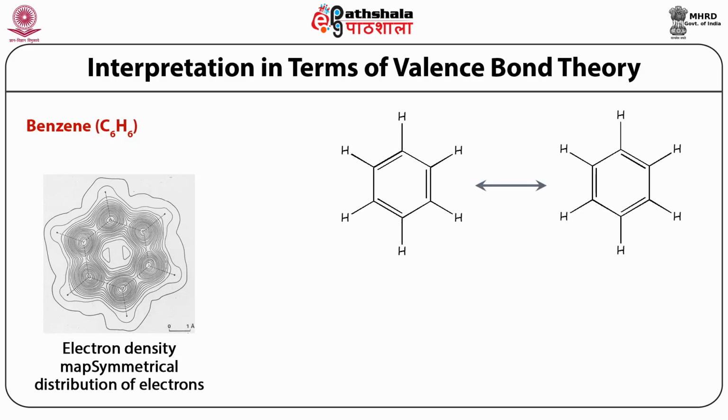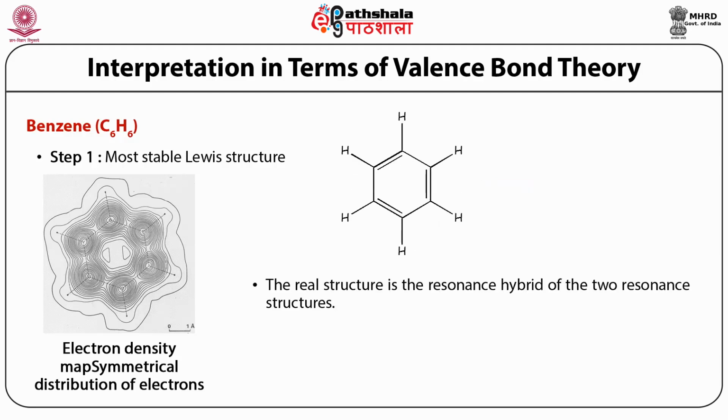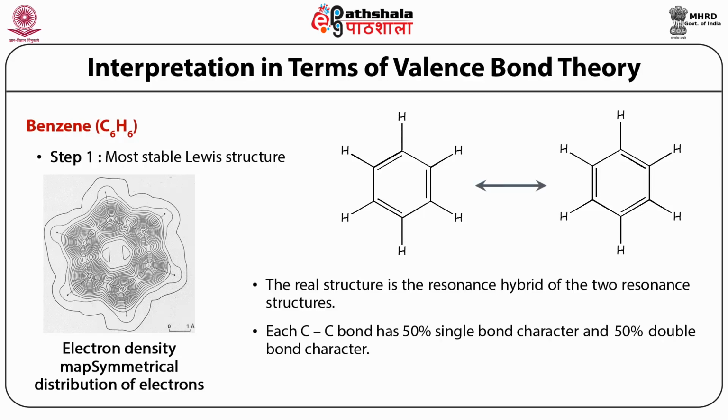So we can interpret this in terms of valence bond theory. Step 1 is to obtain the most stable Lewis structure. This shows the Lewis structure, and the real structure is the resonance hybrid of the 2 resonance structures, implying that each C-C bond has 50% single bond character and 50% double bond character.